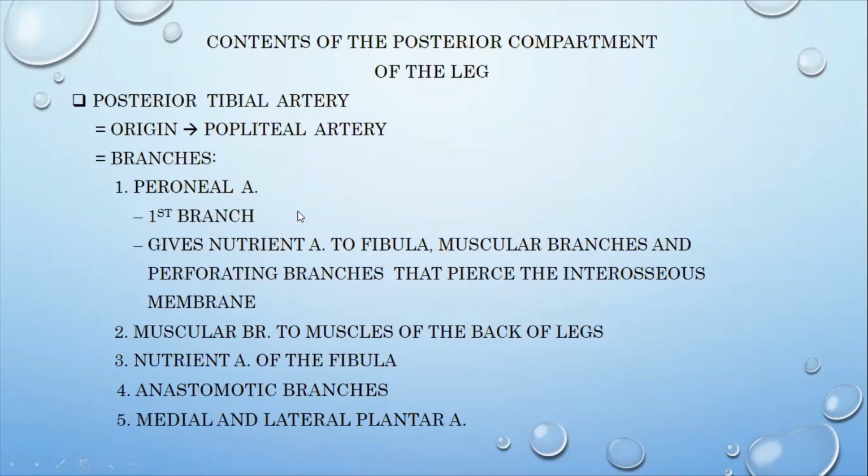So this branch of your peroneal artery will go to the anterior compartment of the leg by perforating the interosseous membrane. Then other branches will go to the muscles at the back of the legs. Then anastomotic branches. The terminal branch is your medial and lateral plantar artery.